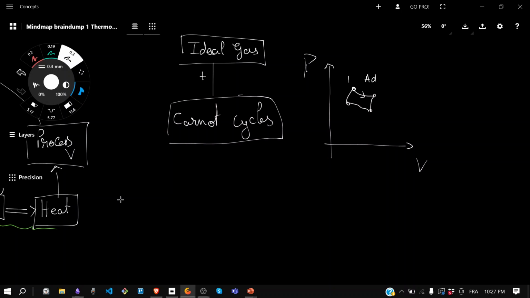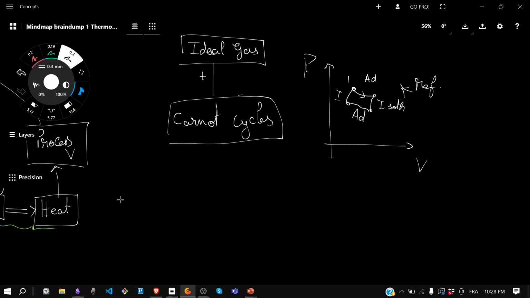This way would be heat engine, and that way it would be refrigerator. So adiabatic, here it's isothermal, here it's adiabatic, here it's isothermal.